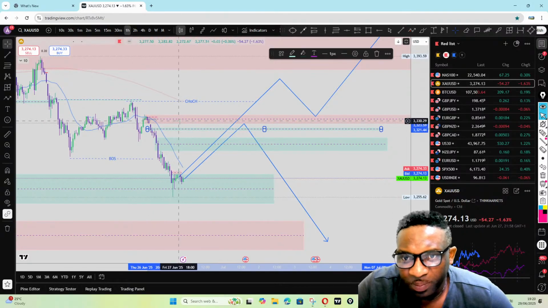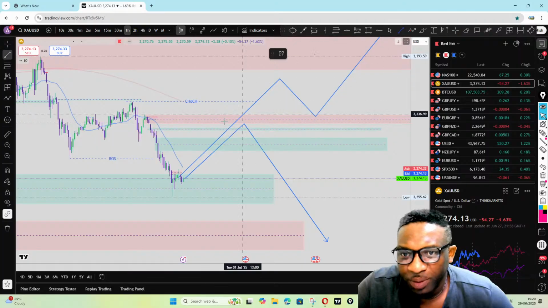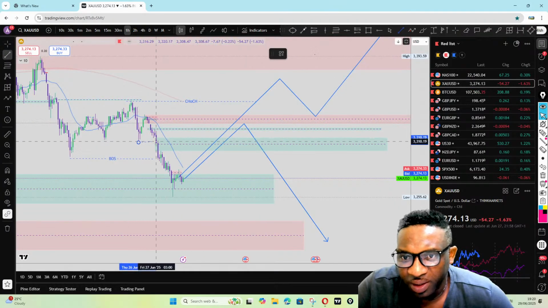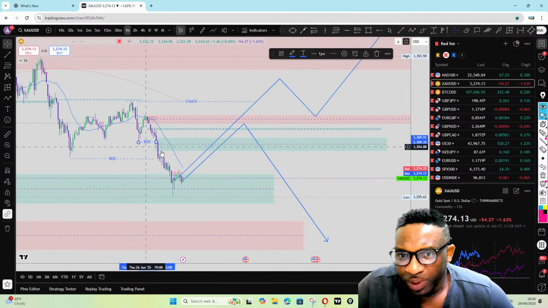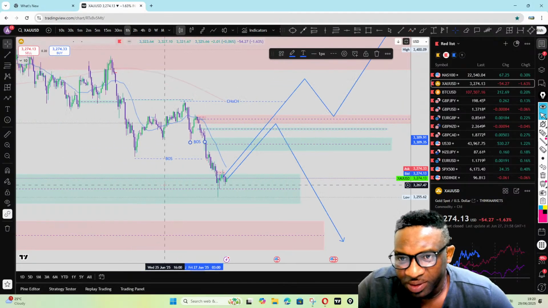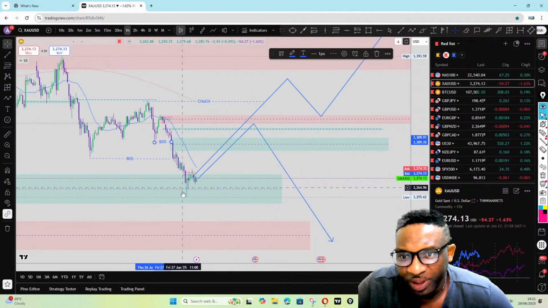We leave the supply area as it is. So the area we are referring to, or the break of structure, now becomes here. We have the break of structure here, and then this is the area that the price is currently reacting from, the old fair value gap area.